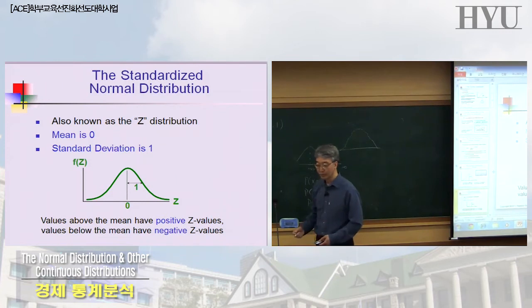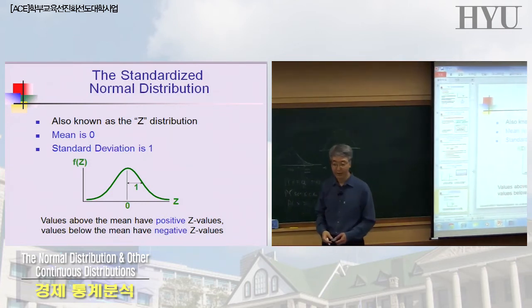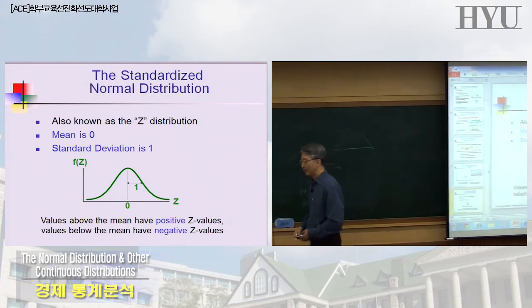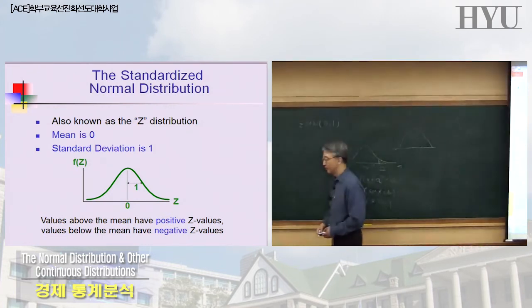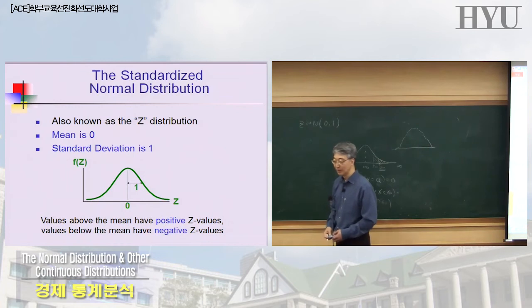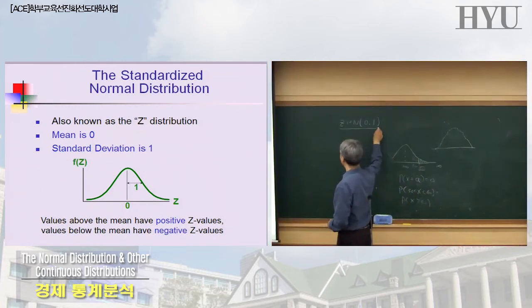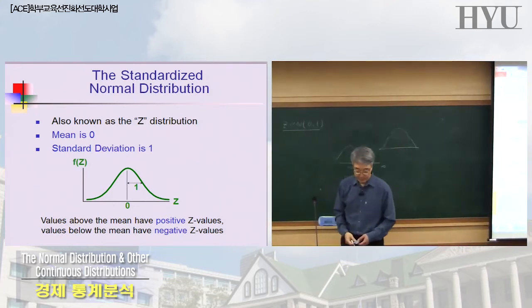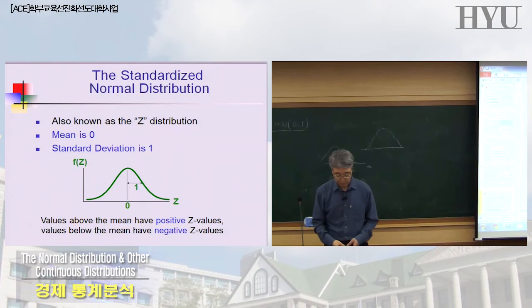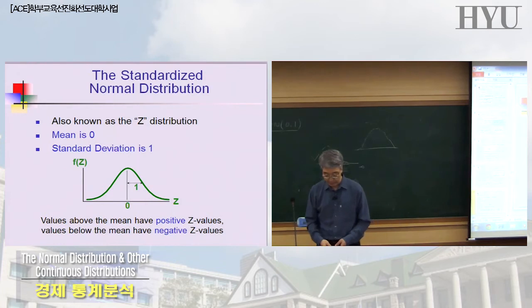Or if you want to pronounce it like Brits or Aussies, you can call it zed. Z distribution, but not jet distribution. So this is just the one particular normal distribution which has a mean value of 0 and standard deviation of 1.